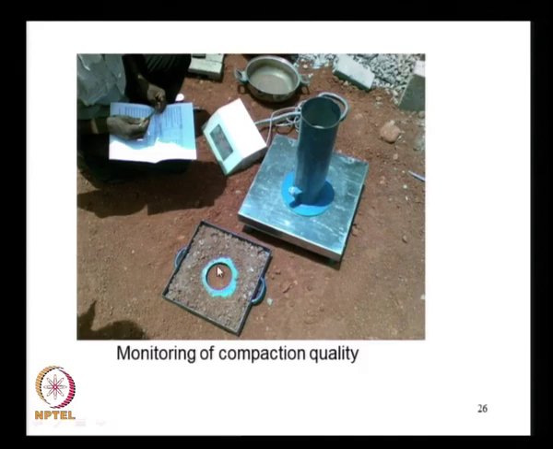The compaction quality was determined, and only after it was found to be adequate did you go and place the next layer of soil. The soil was compacted in thin layers about 100 to 200 millimeters thick, because the compaction equipment is very lightweight.